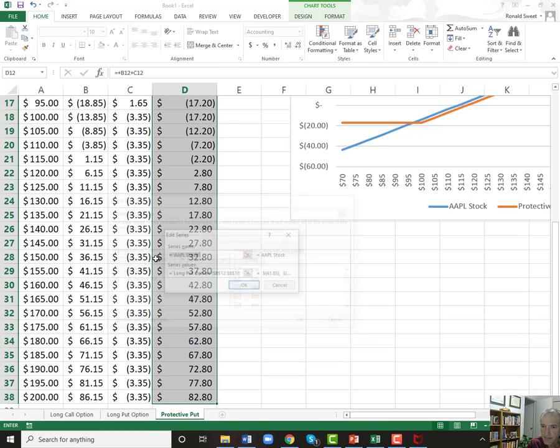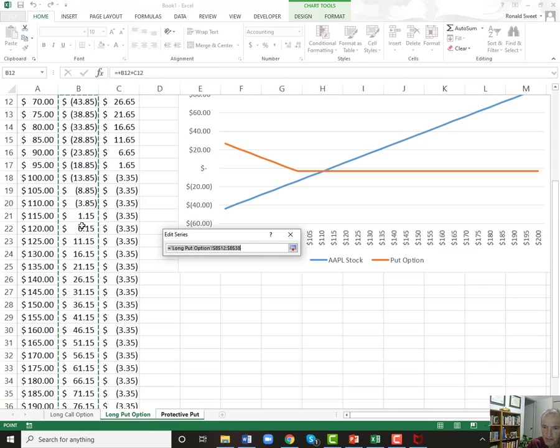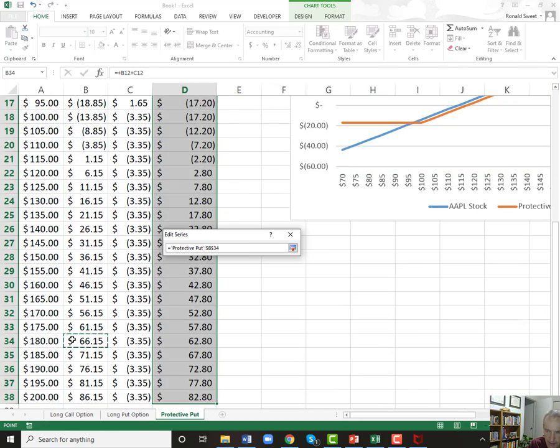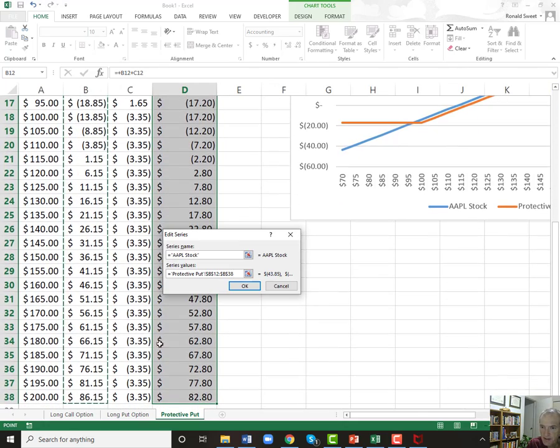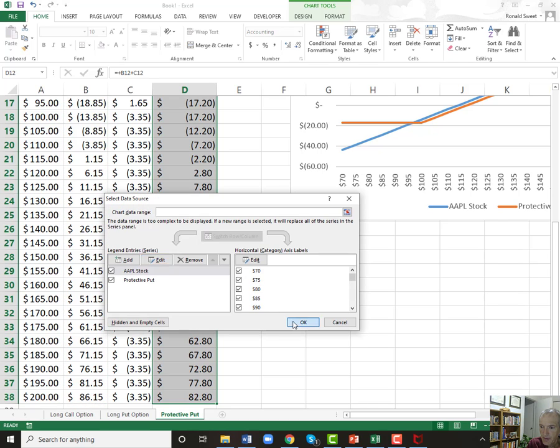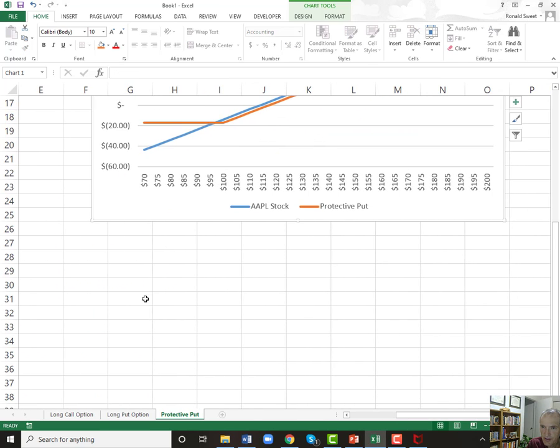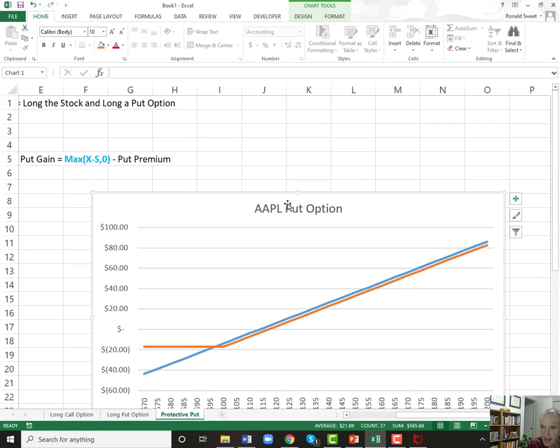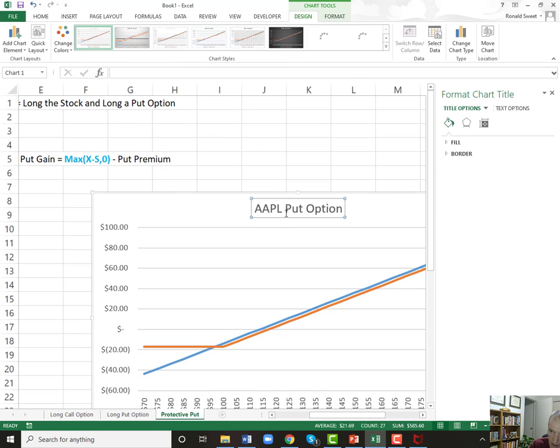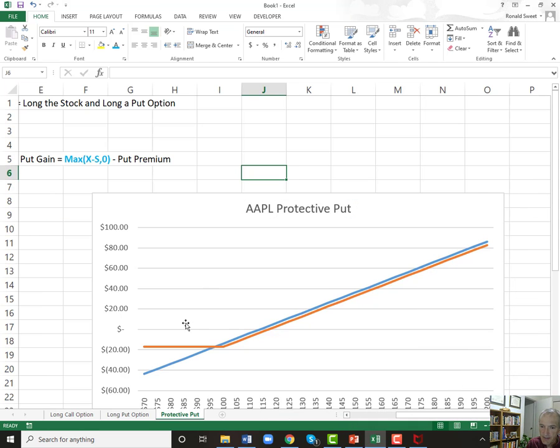Make sure my Apple stock is good. Nope, it's referring to the wrong cell. That's the problem with copying over. So there's my stock. Now let's just look at this. This is Apple. I'll explain it here in a second. Protective put. Let me get everything lined up first. All right. So here's the protected put.